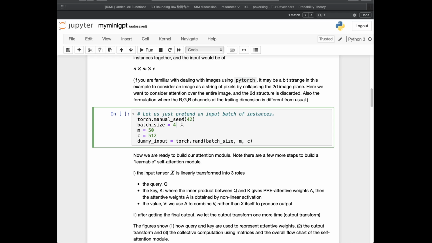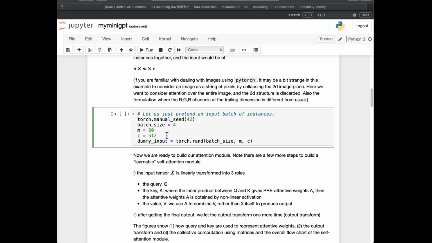Anyway, let us represent each such token as a vector. Here we consider a 512 dimension vector. How to convert a token to a vector? We'll discuss this later in the embedding part.